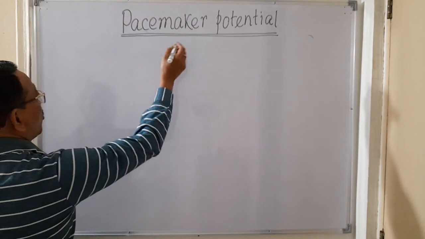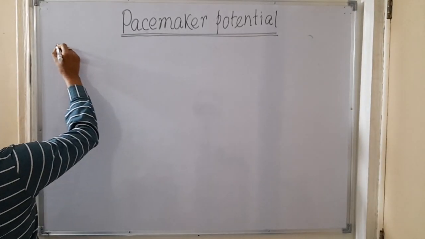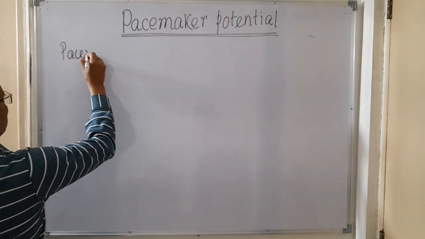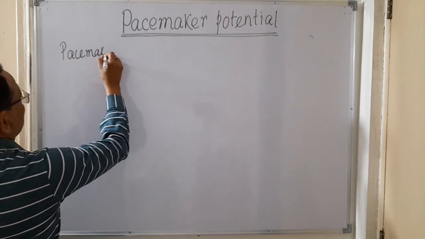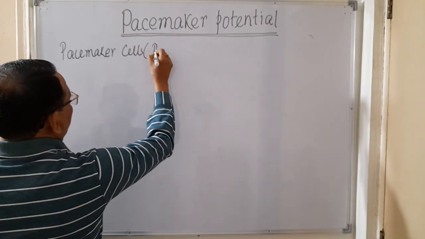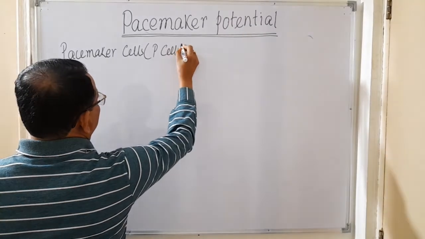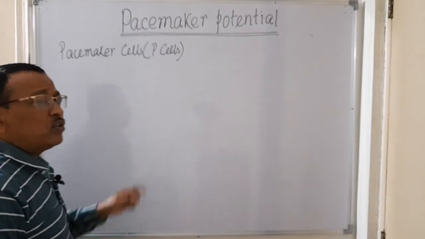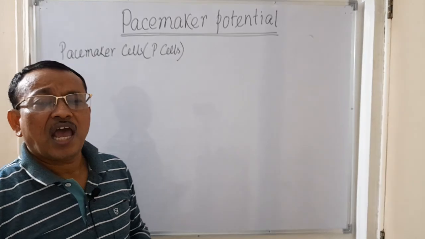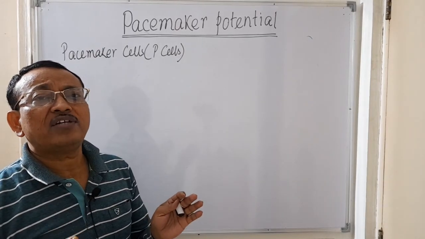So pacemaker potential is due to the presence of pacemaker cells, also known as P cells.